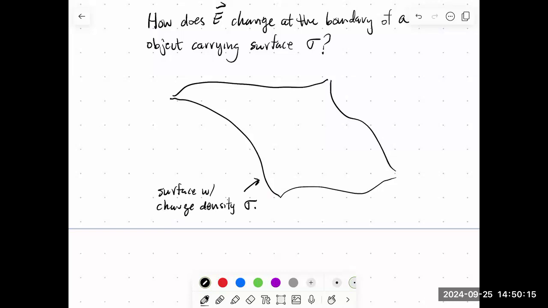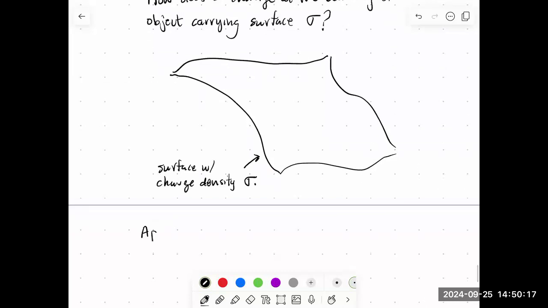What we're going to do is apply Gauss's law to the surface, which means we have to choose a Gaussian surface. I've tried to draw this as if it's not a flat surface, so the surface can have any arbitrary shape.